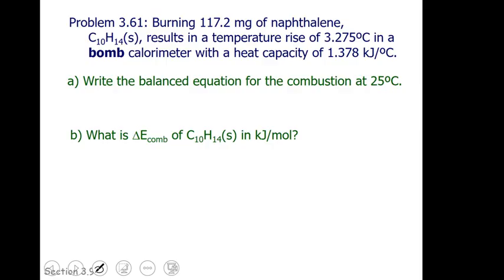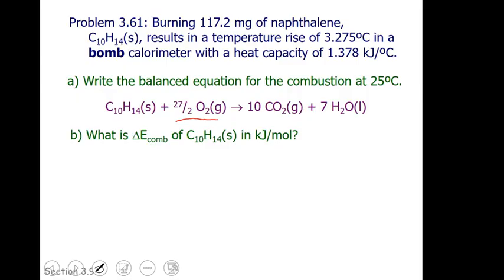In order to do this, first we need to write the balanced equation for the combustion of naphthalene at 25 degrees Celsius. So combustion, of course, is a material reacting with oxygen to make CO2 in the gas phase and H2O in the liquid phase, because remember, when we calculate the enthalpy of formation, typically these are done at 25 degrees Celsius, and most bomb calorimeters are designed so that their temperature stays close to 25 degrees Celsius.